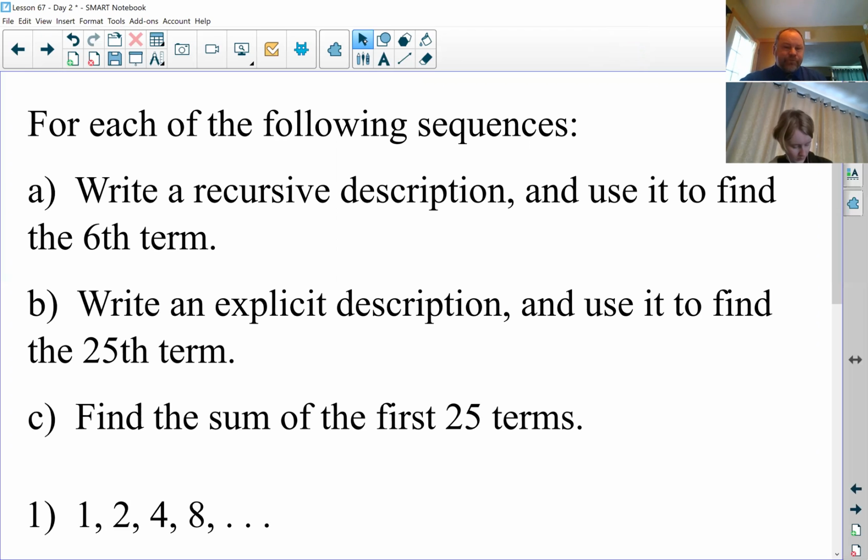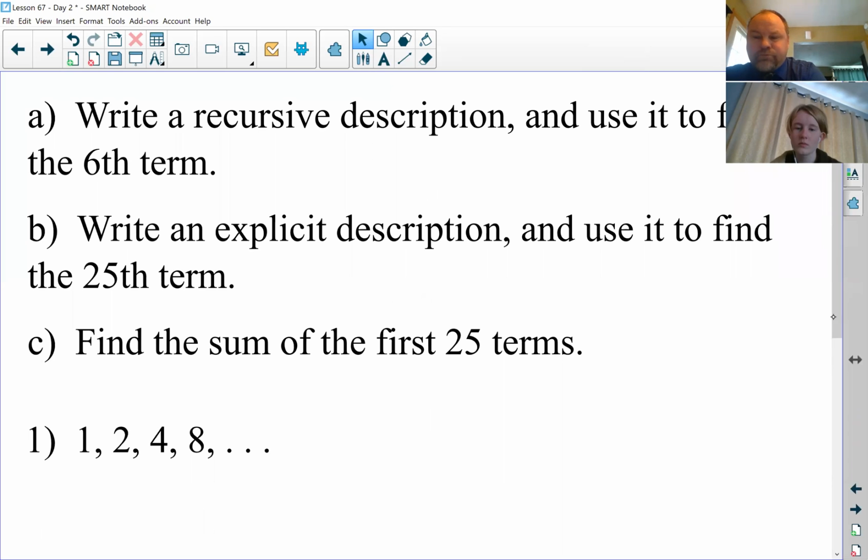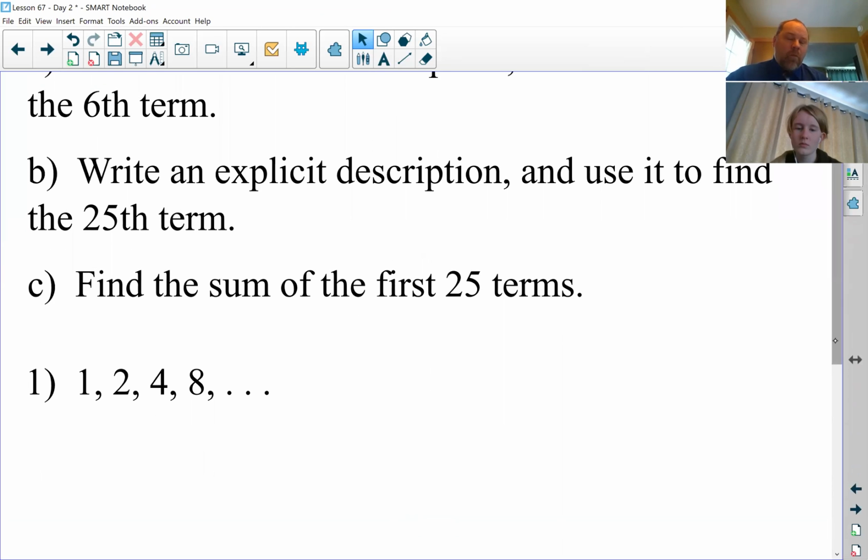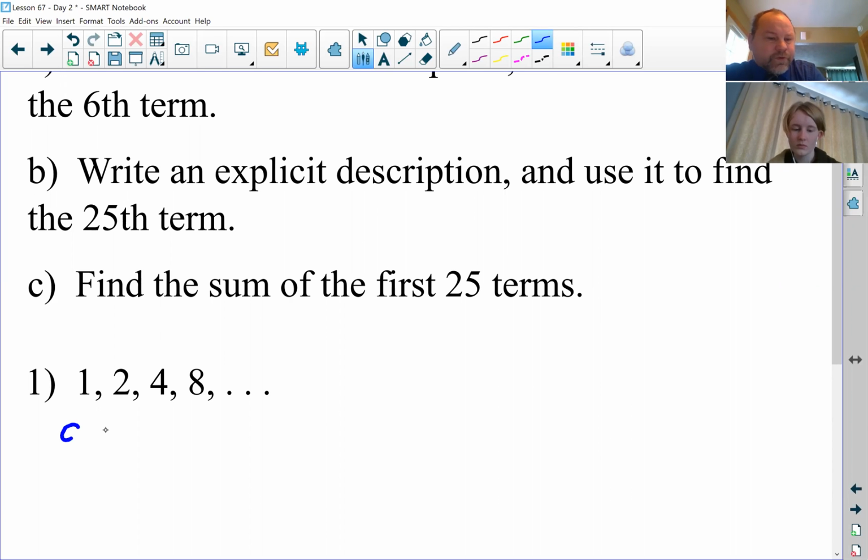Here is our first sequence, 1, 2, 4, 8. Our recursive definition: a sub 1 is 1.